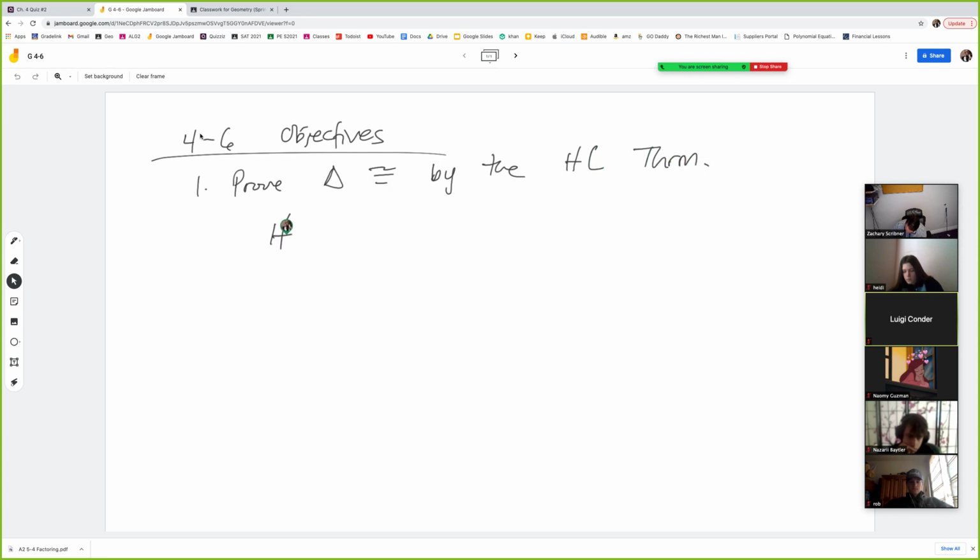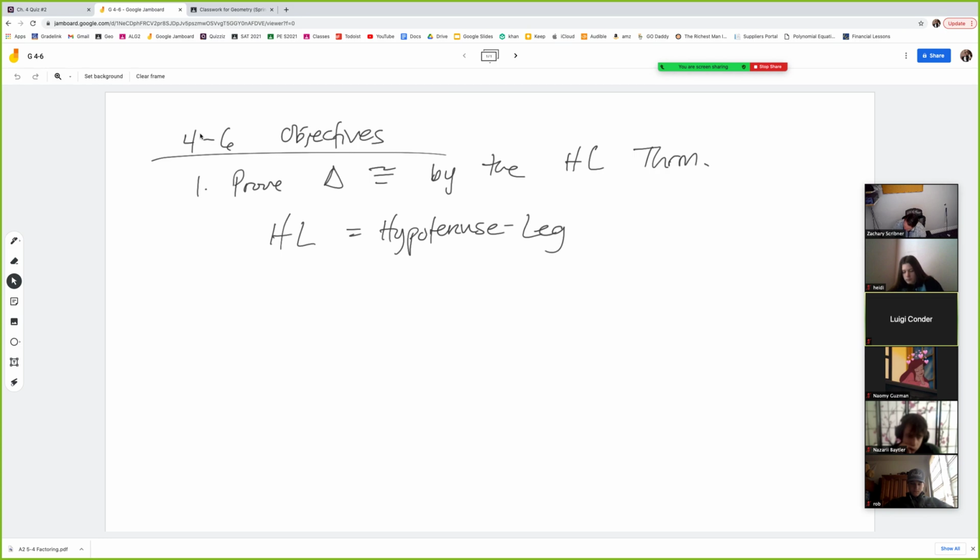Okay, HL is hypotenuse leg. So what is this? What are the hypotenuse and legs?